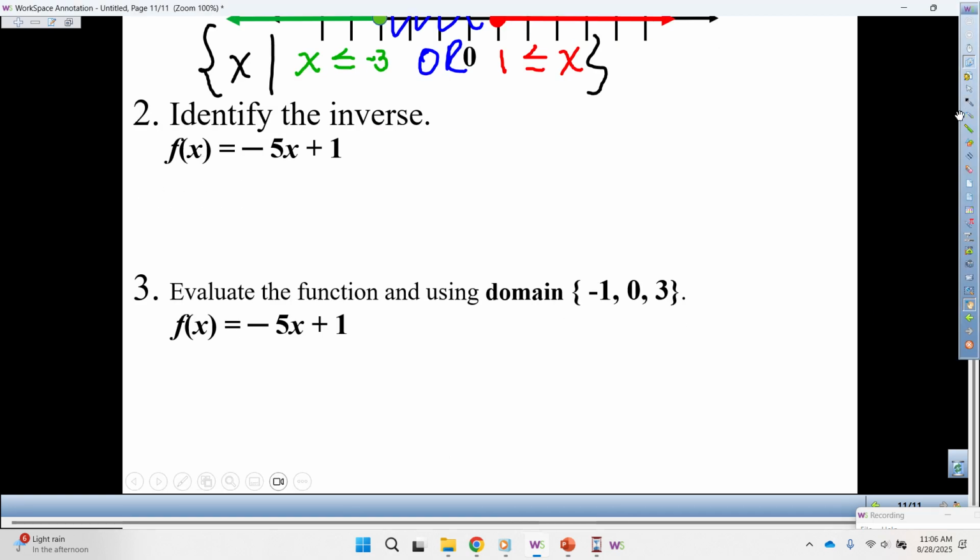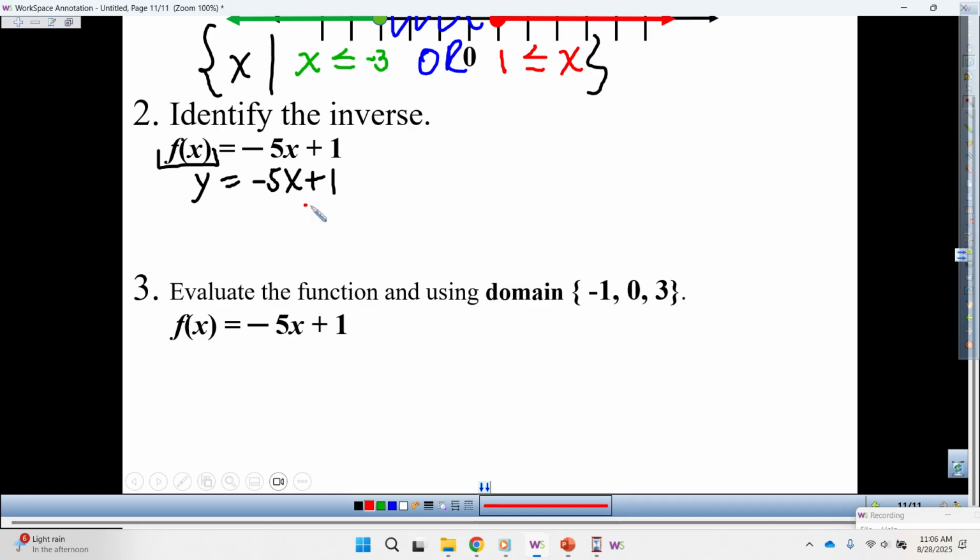Jaime, tell me what to do to get started. What is it? f of x to y. We got y equals -5x plus 1. Continue. Subtract 1, subtract 1. That leaves us with y minus 1 equals -5x.